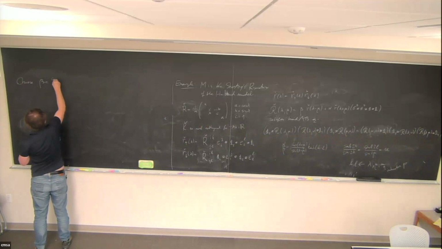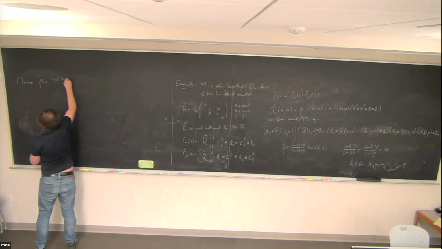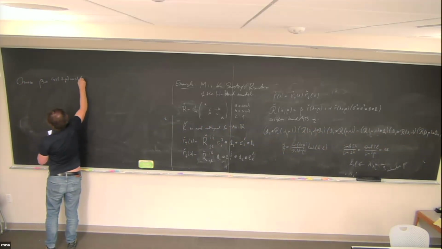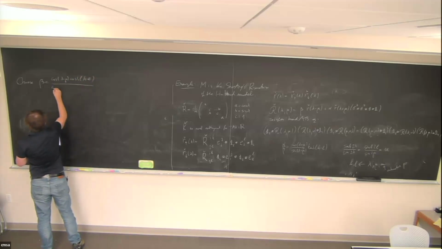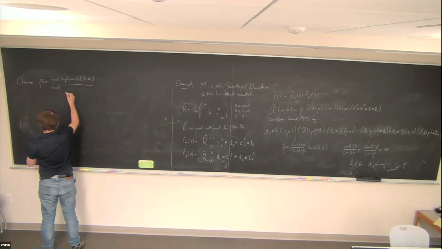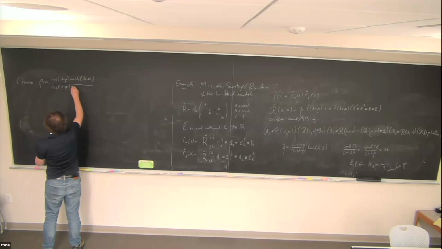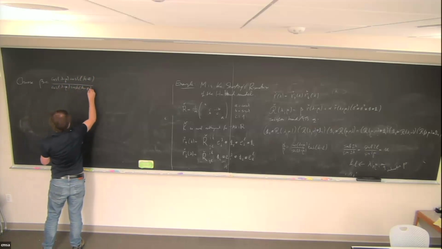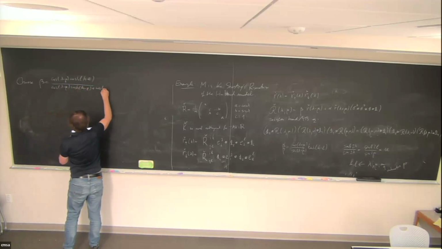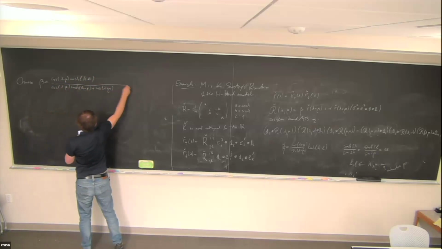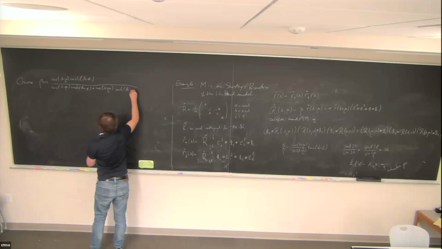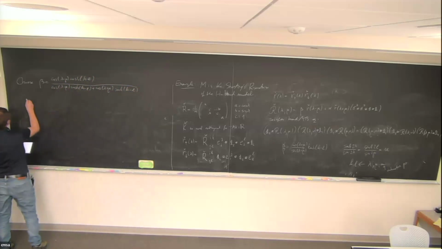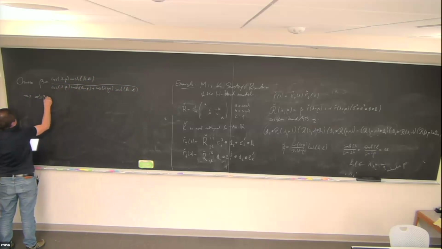So let's choose beta as cosine of lambda minus mu cosh of h minus L, over a sum involving cosine of lambda plus mu. If you do that, then it turns out that alpha plus beta is equal to 1.